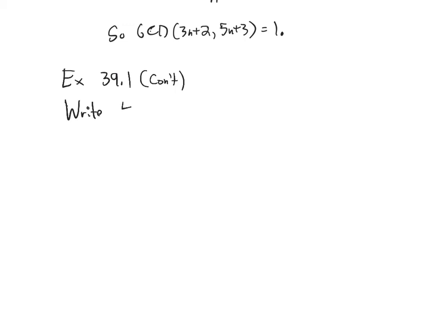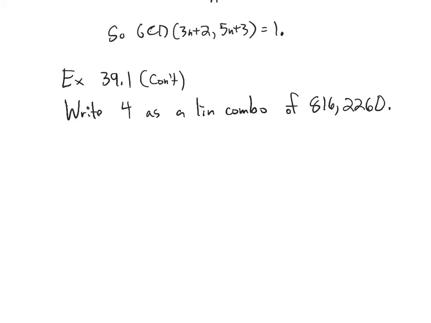I want to write 4 as a linear combination of, what were the numbers? 816 and 2260, I believe. Yes, so a combination of 816 and 2260. So that's what we want to do.